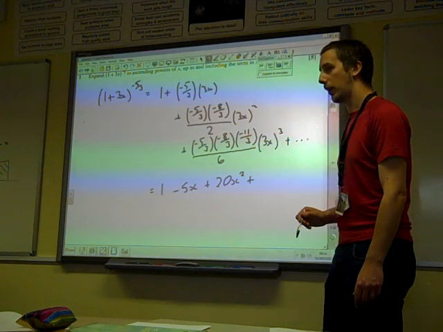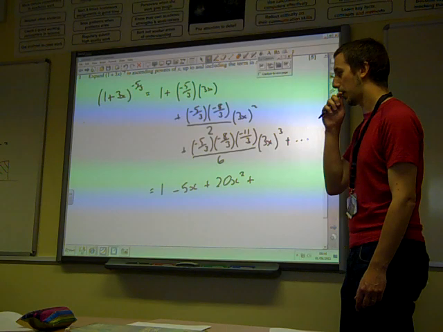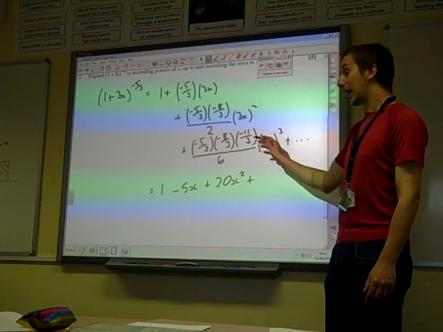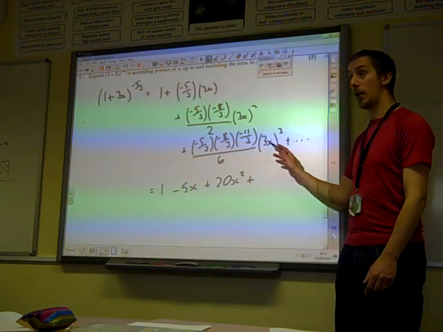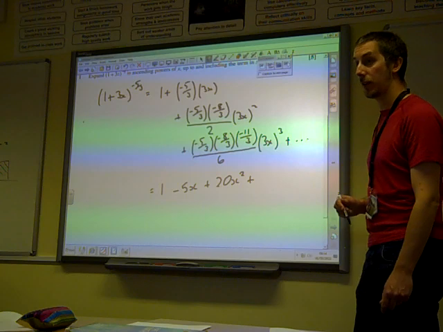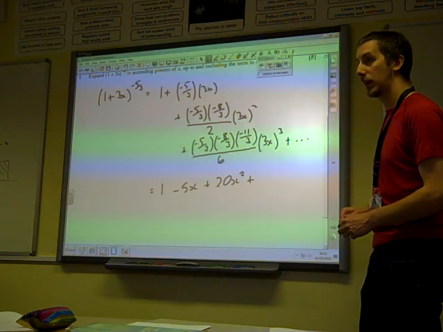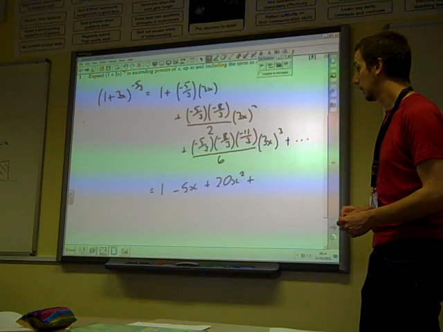Did you get something different? No, I was just working out how to do it. Again, can you see we've got the 3 cubed at the bottom of this fraction, and the 3 cubed here are going to cancel out. Then we've got some other stuff we need to do. Do you get 220 over 3?